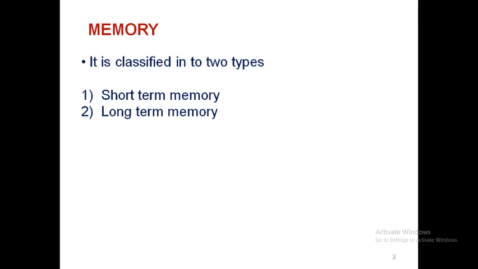That's why it is not storing in long term. As an example, if you ask what was your breakfast or what is your menu for lunch or dinner today itself, then you may be able to answer.